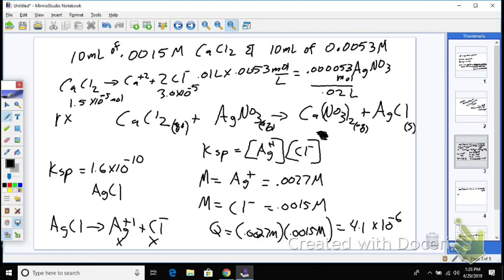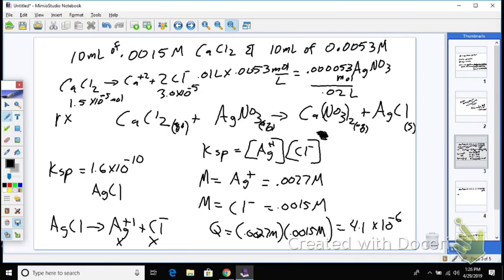I'm still sort of confused, but I guess. I know what you're saying. Usually when we do this, we look at which one's going to run out, right? And you can't do that with one of these reactions where they're at equilibrium. Because what will happen, if we got too many of one ion, which we do, it's going to shift to the left and form a solid until it gets back to saturated level, right?